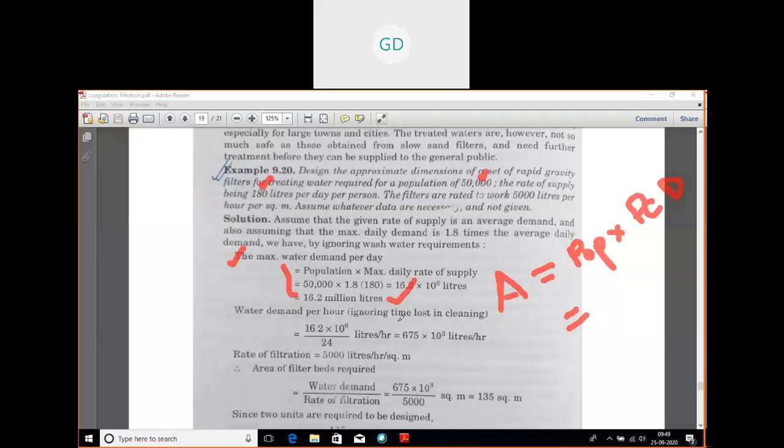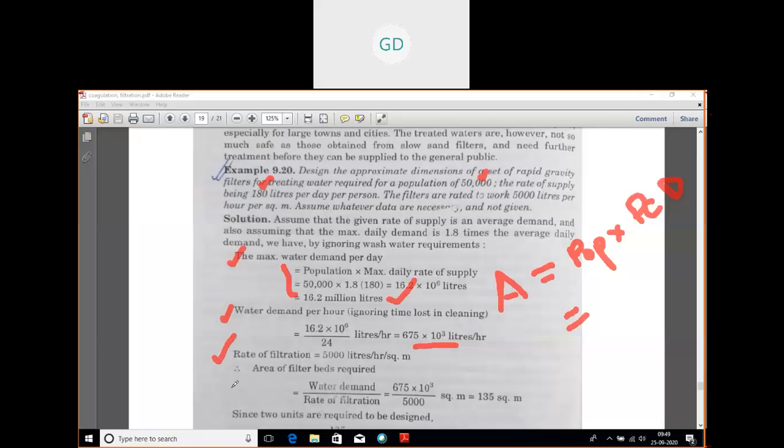Clear? So now here we need to find out per hour, so they have divided by 24. So it is 675 into 10 to the power 3 liters per hour. Then rate of filtration is given to be 5,000 liters. It is given in the question.